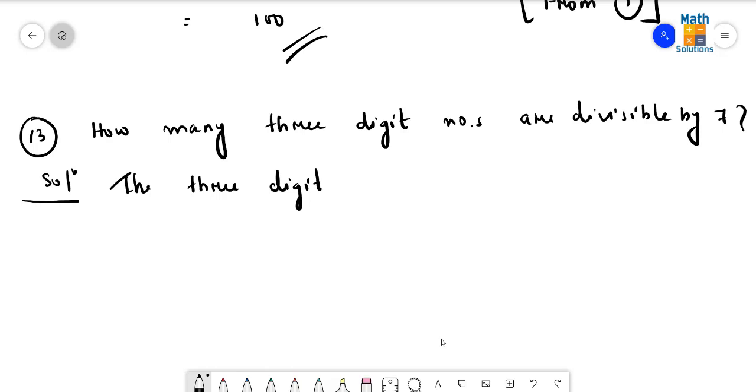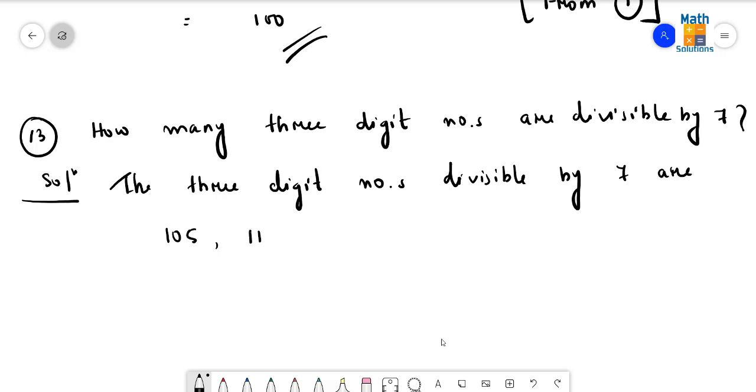So the 3-digit numbers divisible by 7 are: the first number could be 105 because 7 15s are 105.